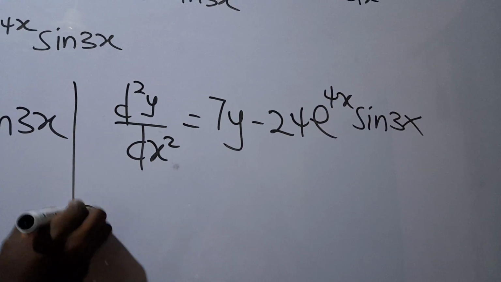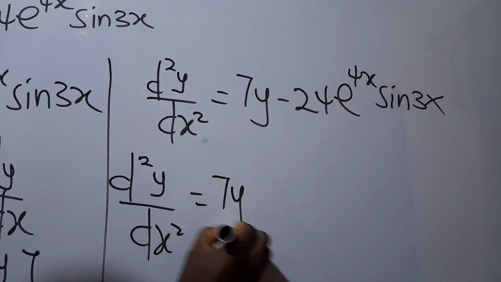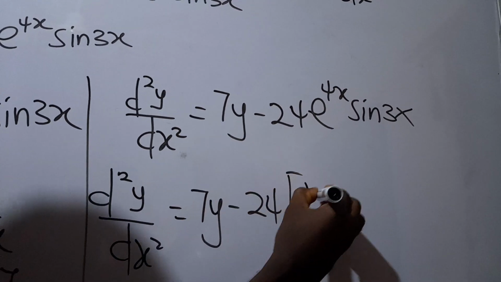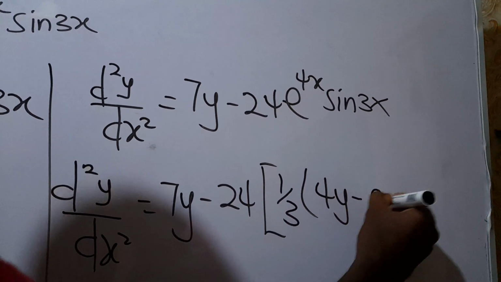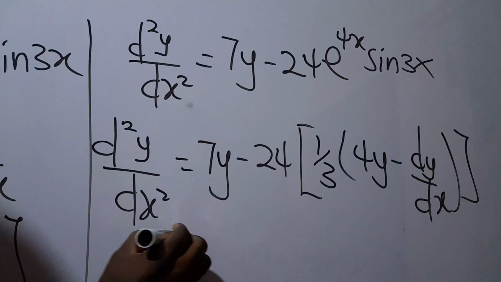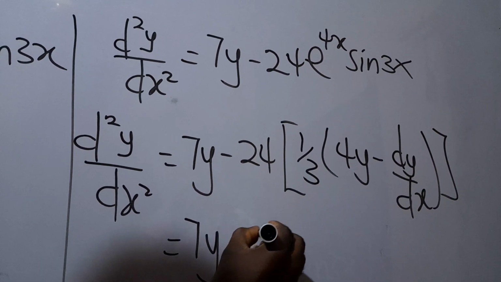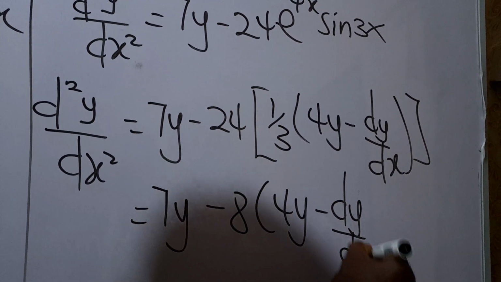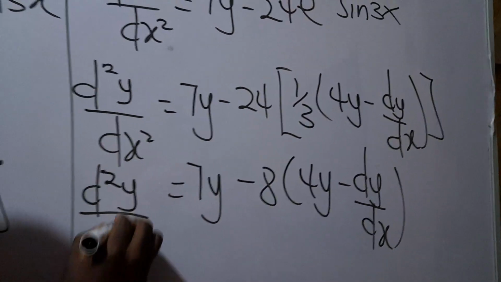So I can say my d²y/dx² will be 7y minus 24 bracket 1/3 (4y minus dy/dx). So what will I have? I'll have 7y. 24 times 1/3 will be 8, so minus 8 bracket 4y minus dy/dx. So this is my d²y/dx².